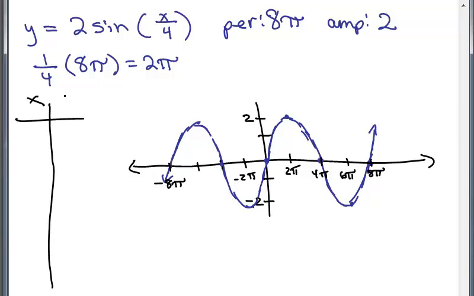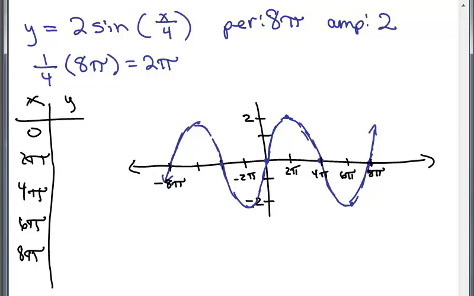What would the key values be? Well, it always starts at 0, then 2 pi, then 2 pi plus 2 pi was your 4 pi. Add 2 pi again, and our last x-coordinate would be 8 pi.